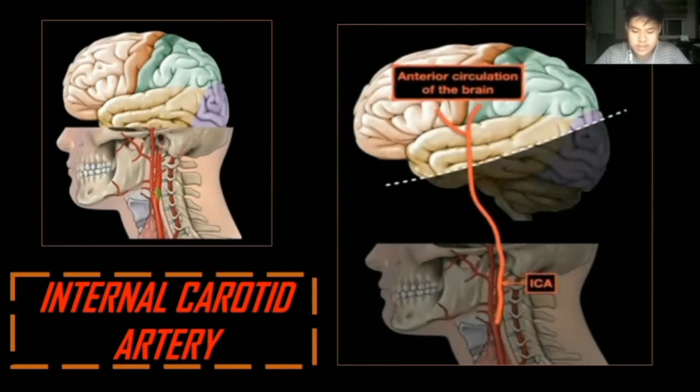This internal carotid artery is responsible for supplying a large portion of the anterior circulation of the brain, like the telencephalon, which consists of the cerebral hemisphere, and the diencephalon, which consists of the epithalamus, thalamus, subthalamus, hypothalamus, and third ventricle.